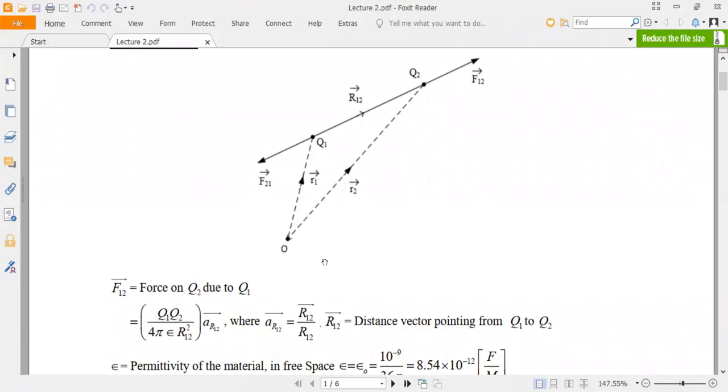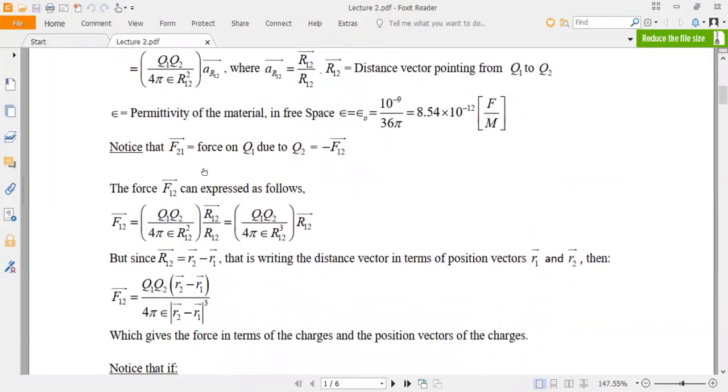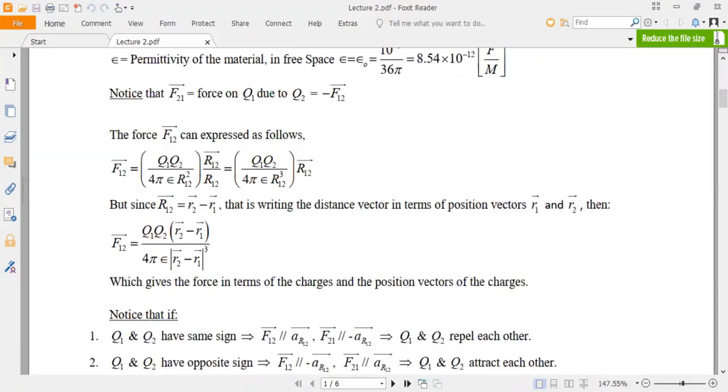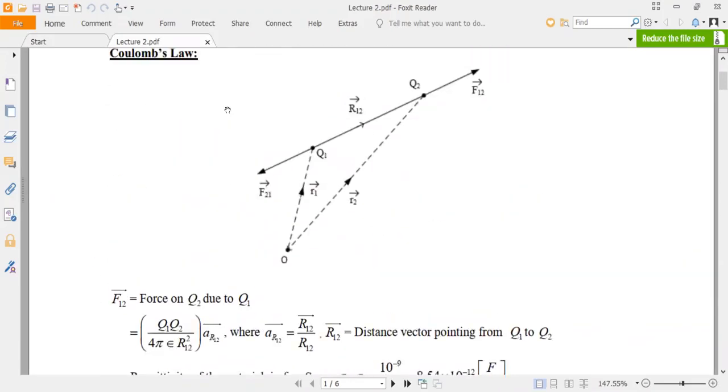And if you see here, F21 bar is equal to minus F12 bar. Its magnitude, this force magnitude, is the same as this force magnitude, but it is in the opposite direction.